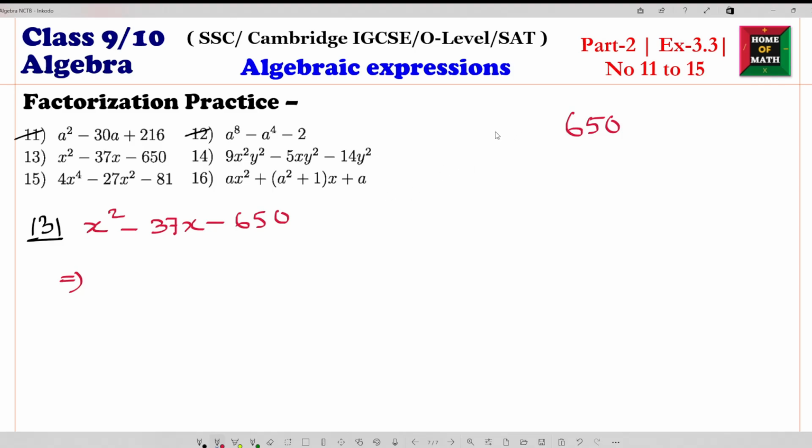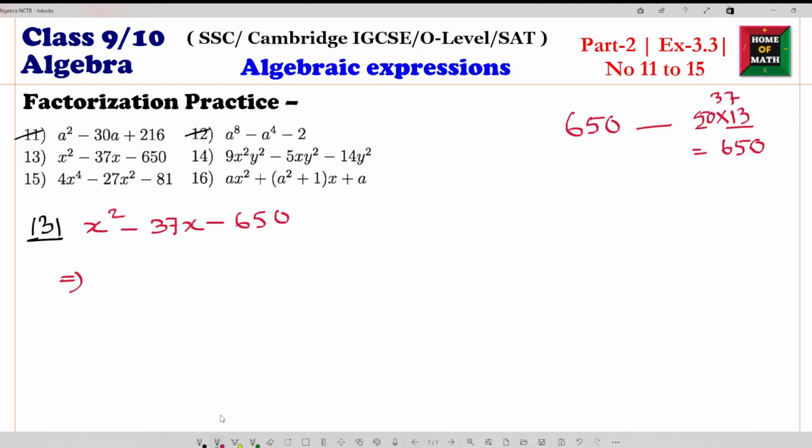Look, a very interesting thing: we know 5 times 13 is 65, right? And also if you think like this, this is 0, it means here is 0. An interesting thing: 50 minus 13 becomes 37.